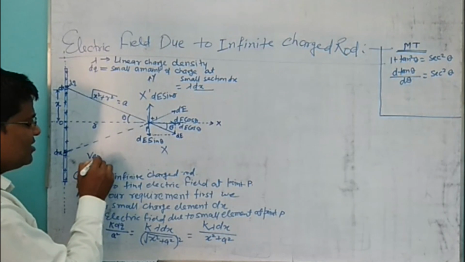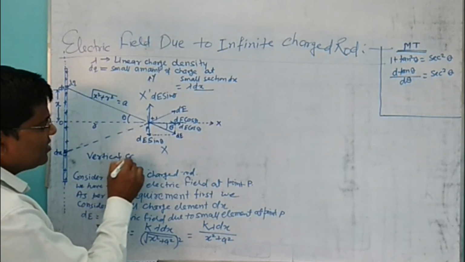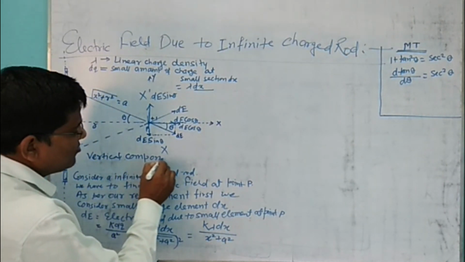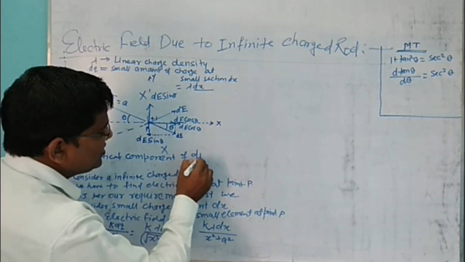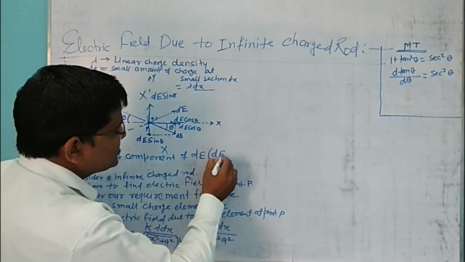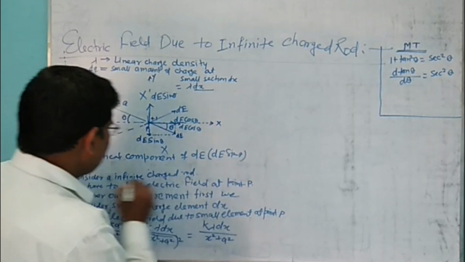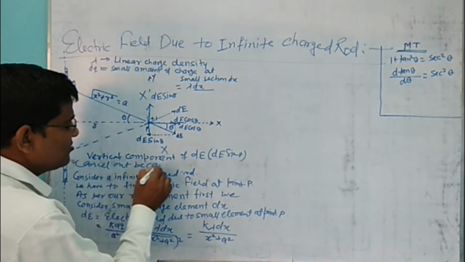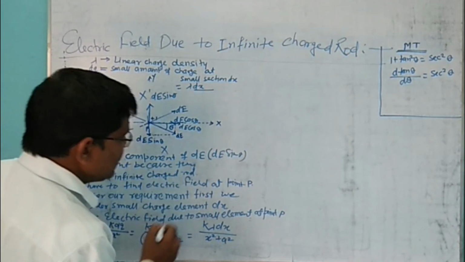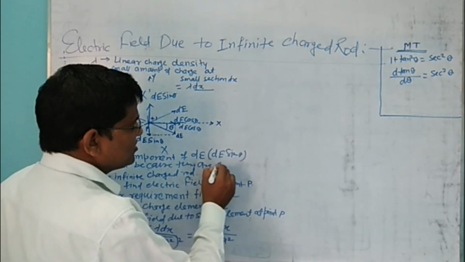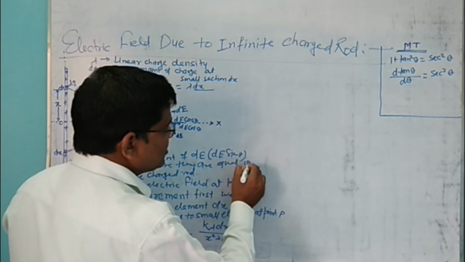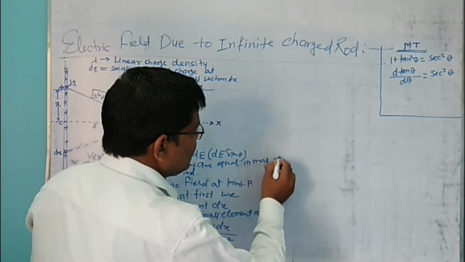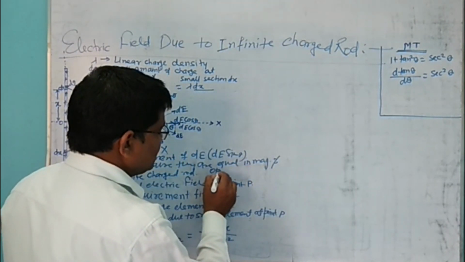Means the vertical component of dE, dE sin theta, cancels out because they are equal in magnitude and opposite in direction.